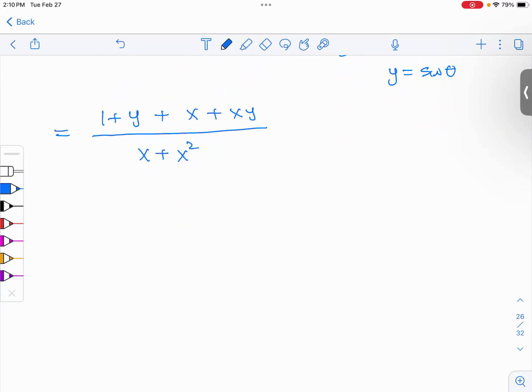I always recommend using x as cosine and y as sine because that's how they look on the graph. Sine is y, cosine is x. So you should just keep practicing that because it keeps tracking back to what it looks like on the unit circle. Okay, now that this is written algebraically, does anyone see anything?